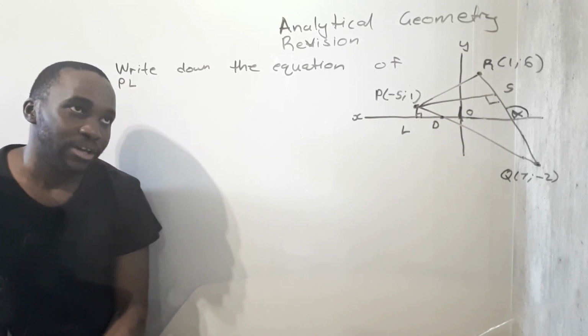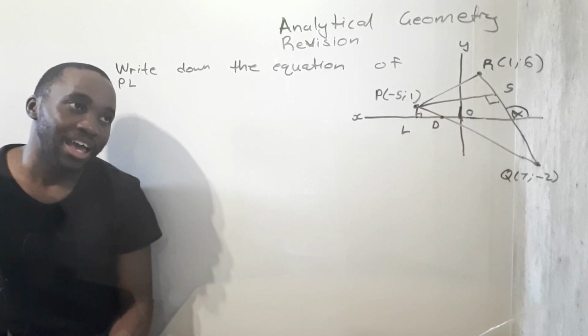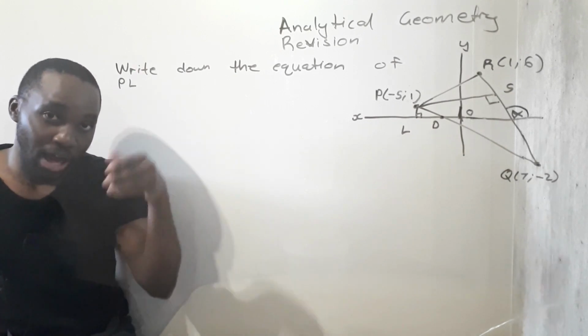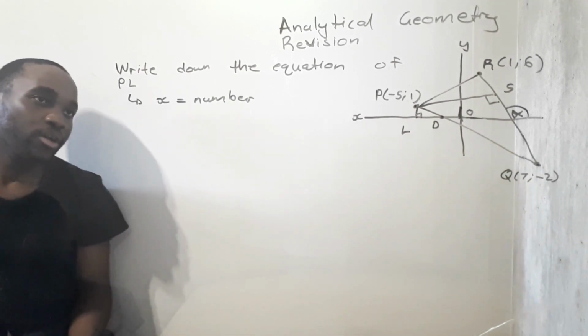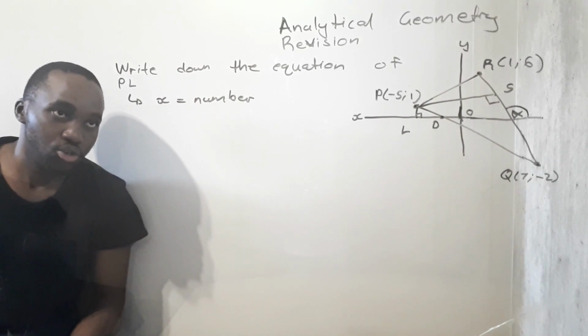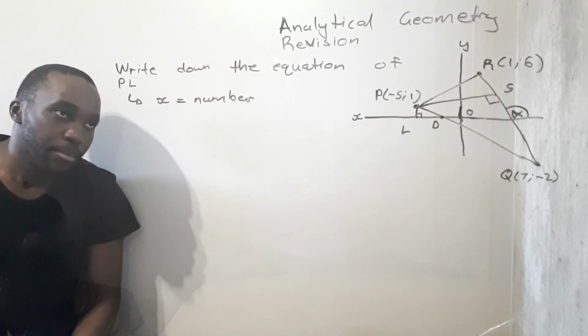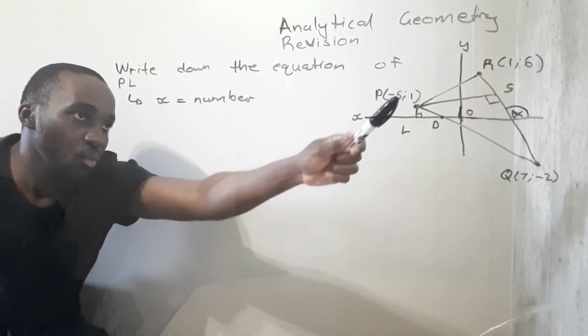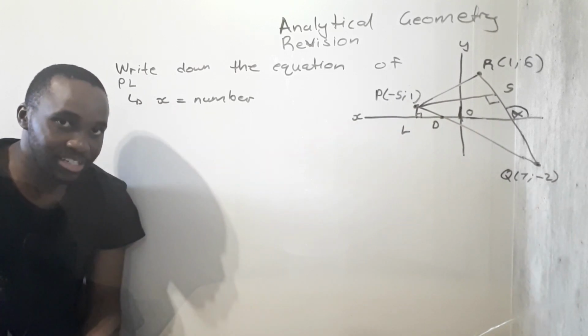line. Now, in this analytical geometry revision playlist, you want to keep in mind that any line that is a vertical line, the equation of that line will always be x is equal to a certain number, and that number will always be the number at which the line cuts the x-axis.